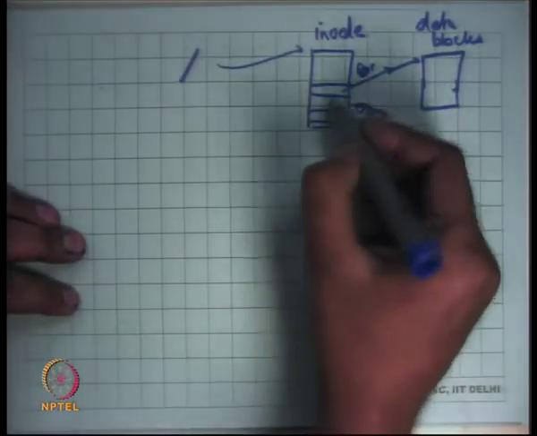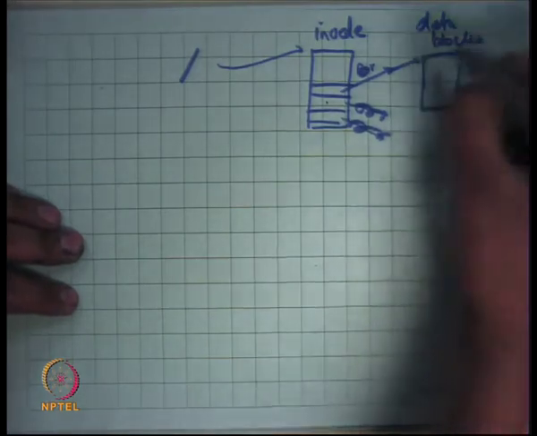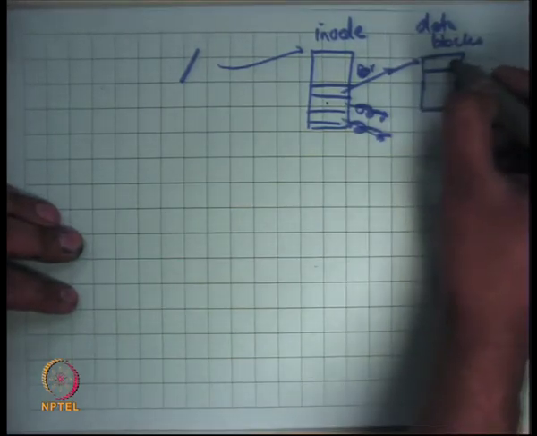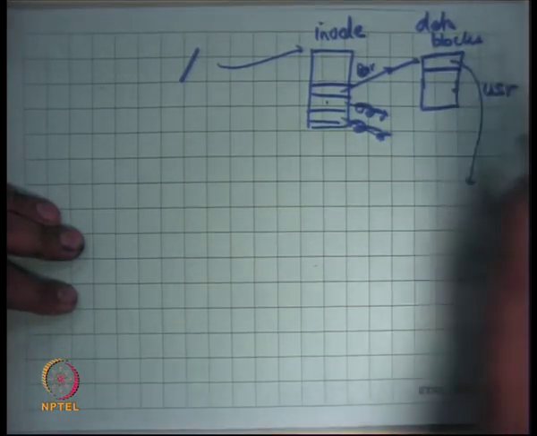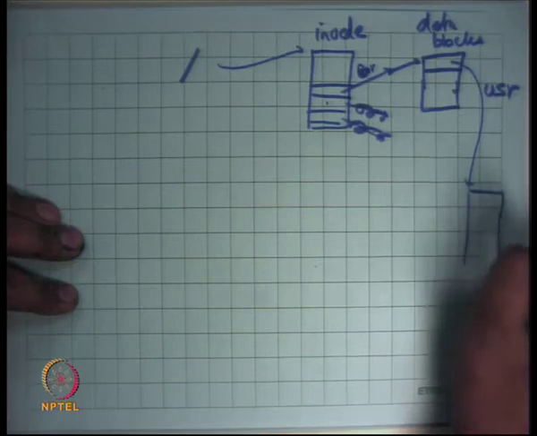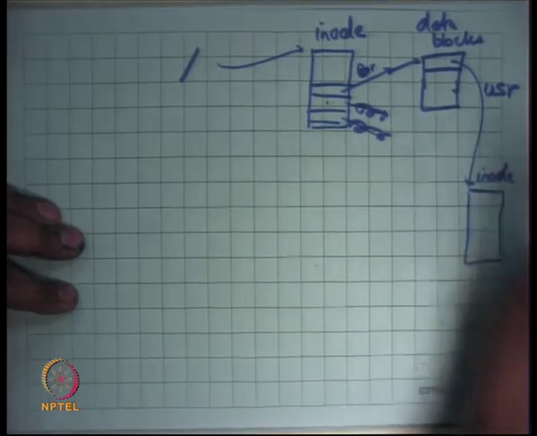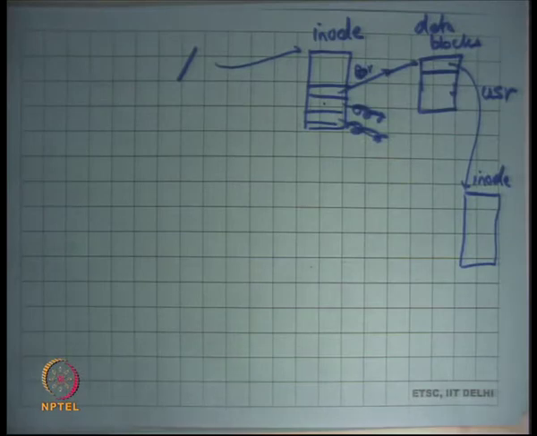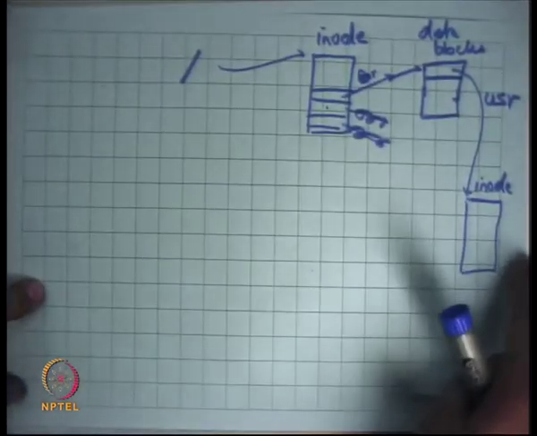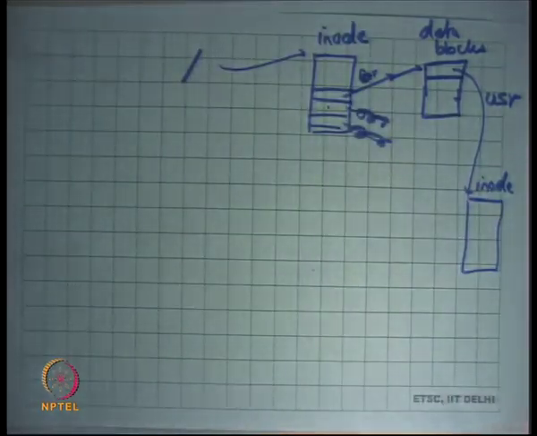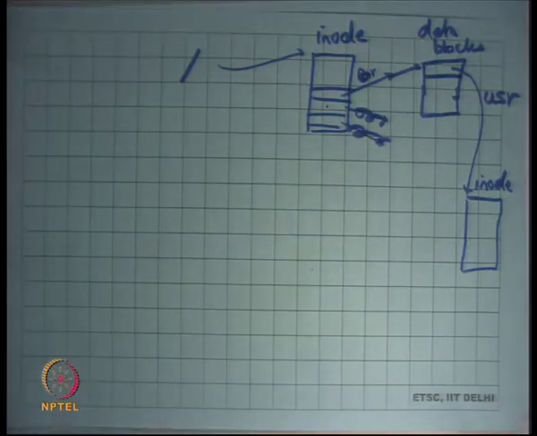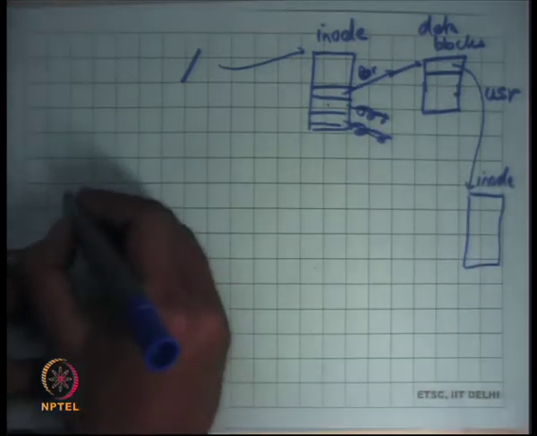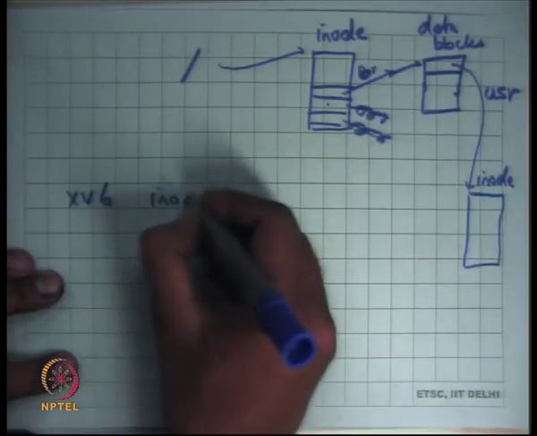So you only have one data block, all the others are 0, right? And this data block will have directory entries, which map names like slash user to inode numbers, right? And they themselves may be directories, which means they may have this structure within them, or they may be files, in which case these data blocks don't have any special meaning, they are something that the user has defined. So let's look at the x86 inode structure once in detail a little bit.